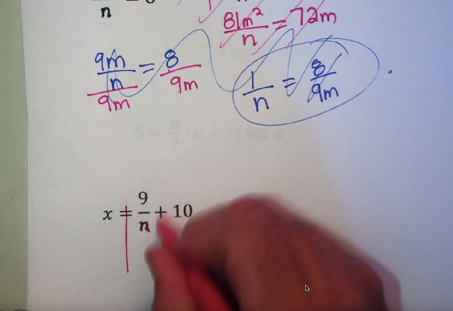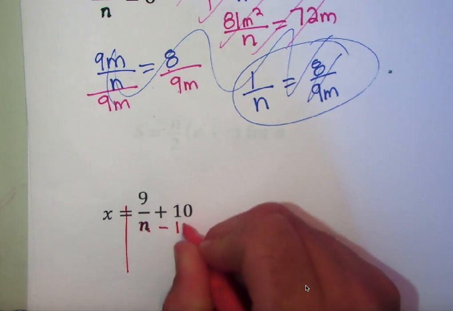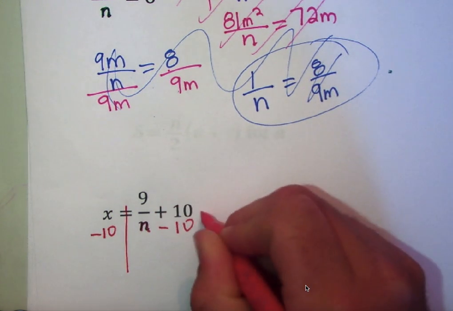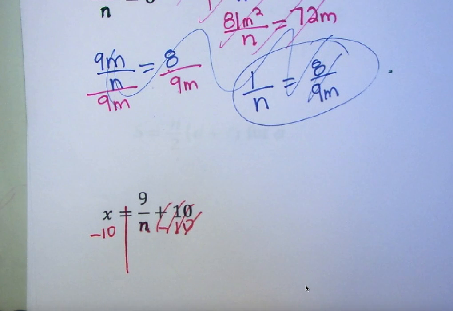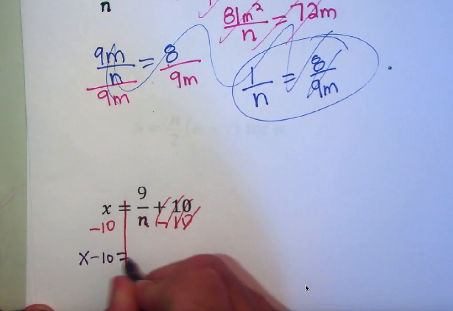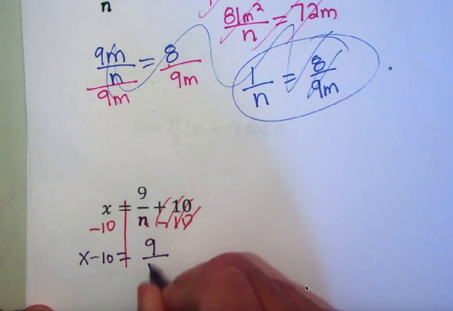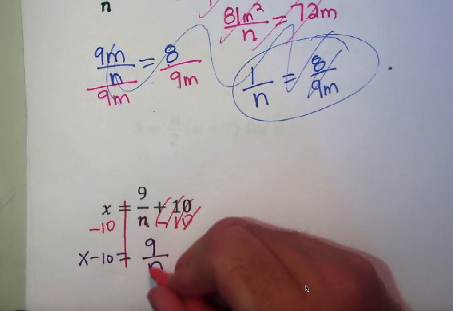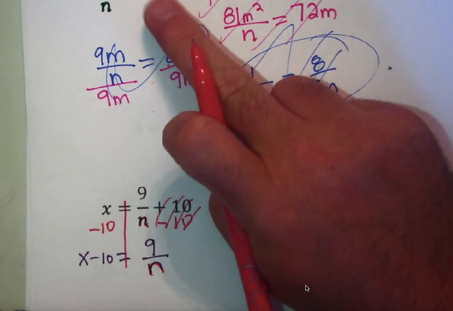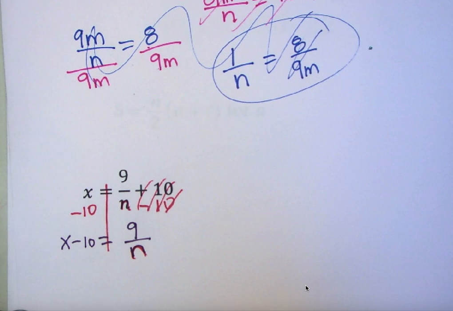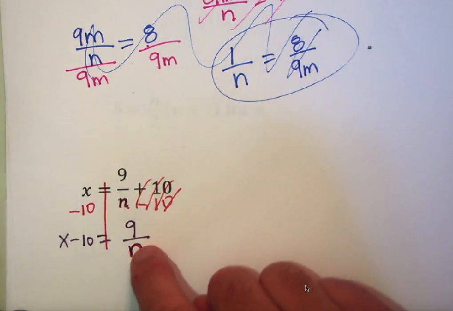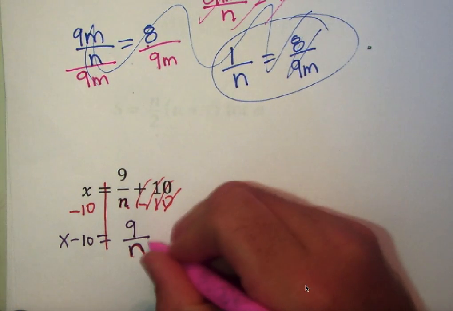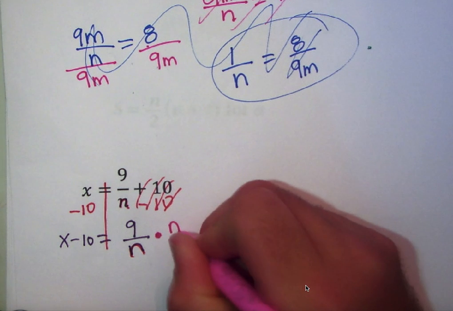Well, hopefully this plus 10 is shouting out to you. So we'll take away 10 from both sides. And then you get x minus 10 equals 9 over n. Boom. Now we're more like this one up here where it's something over n. So now we're still solving for n, and we have to multiply both sides by n.